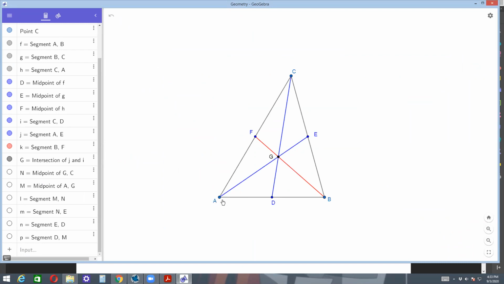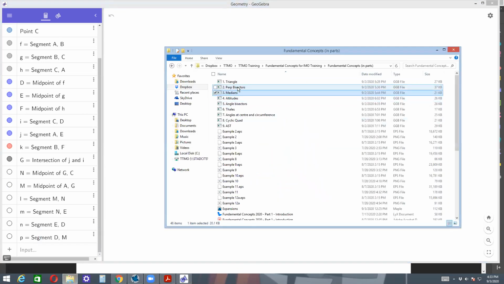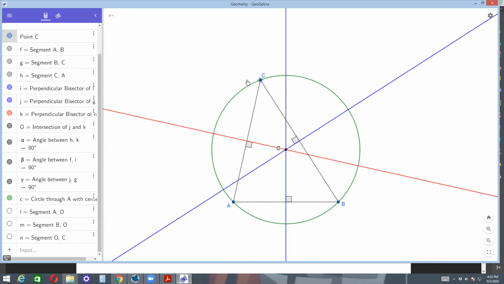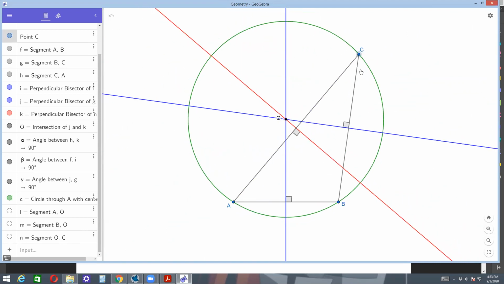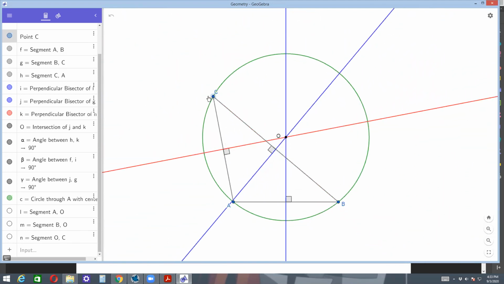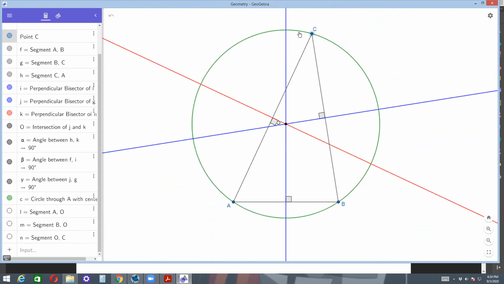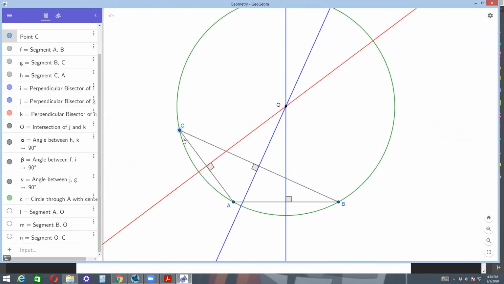So suppose I have, again, a triangle ABC. Oh, one thing I should have shown you before. Let me just briefly go back to the other one. Now, I've done this for this triangle, right? But I could actually move around the point C, and you'll see that no matter where I move the point, the 3 lines always intersect at a common point.